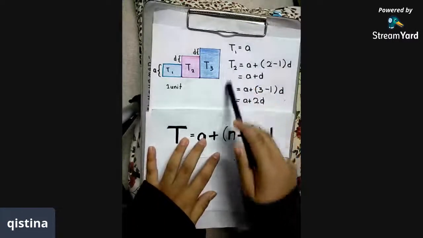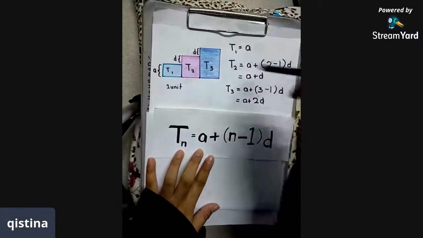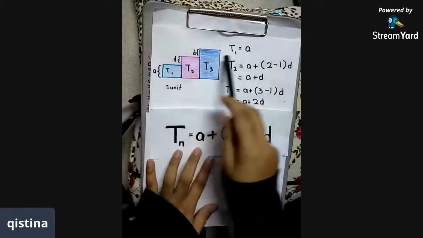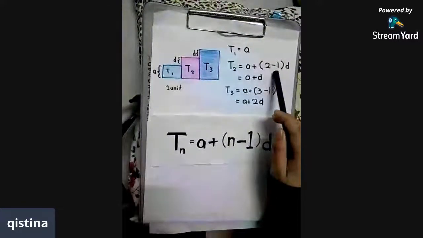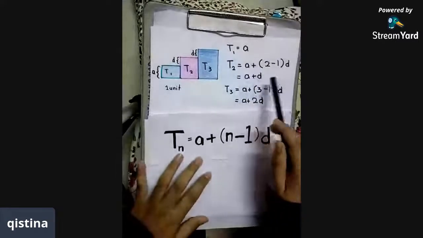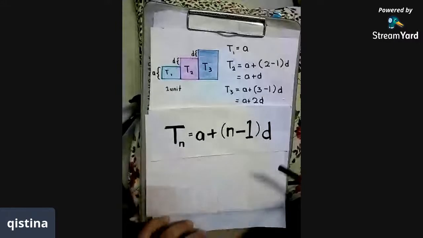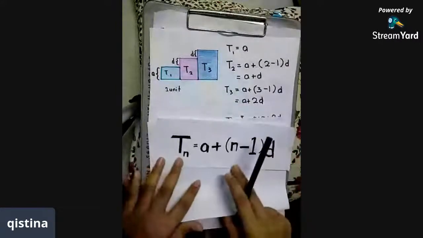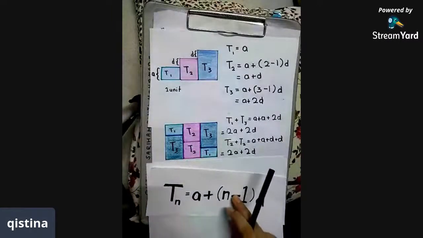But here, I'll show you how this formula is applied in calculating the terms. T2 equals A, which is T1, plus n, here T2, minus 1, times D. D is the common difference. Then we get A plus D. The same thing goes for T3. Now, to calculate sum of the first n terms, we are going to use the area of a rectangle.